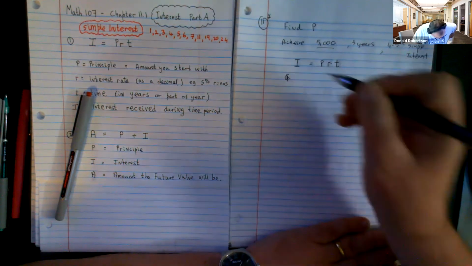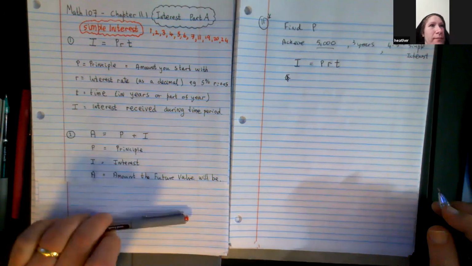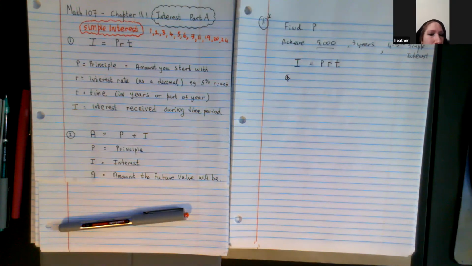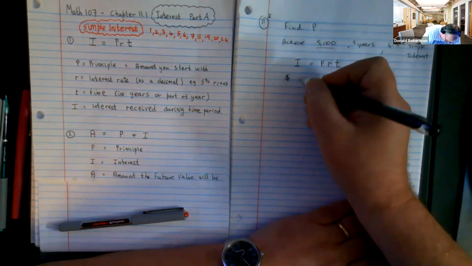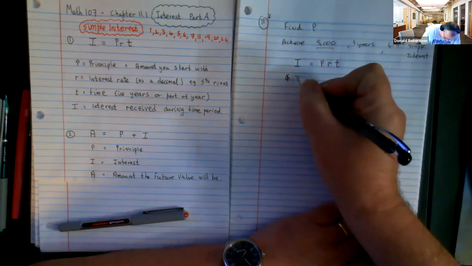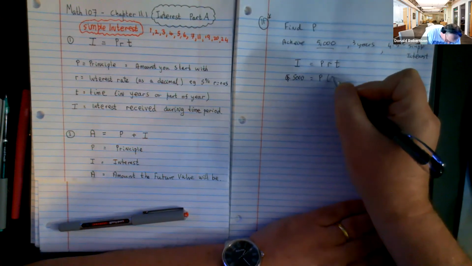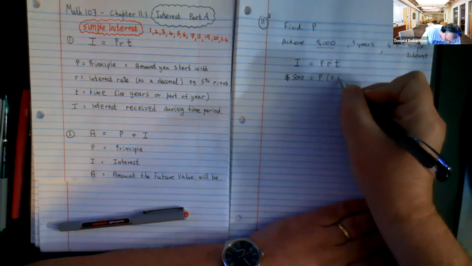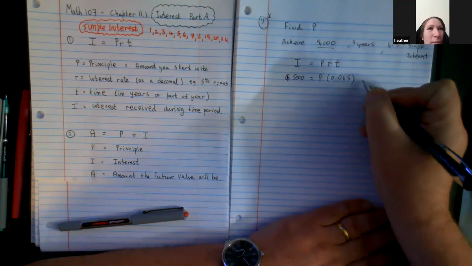I almost did a no-no there. I just get confused by the achieve. It was 5,000. P, interest rate, 4.5%, time, 3 years.